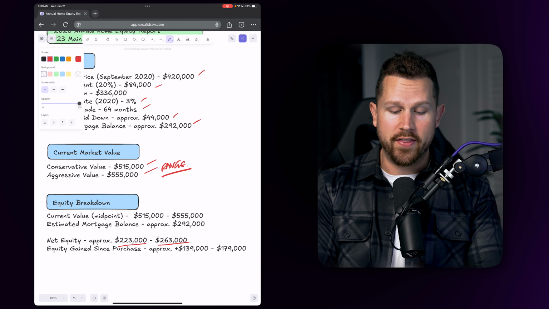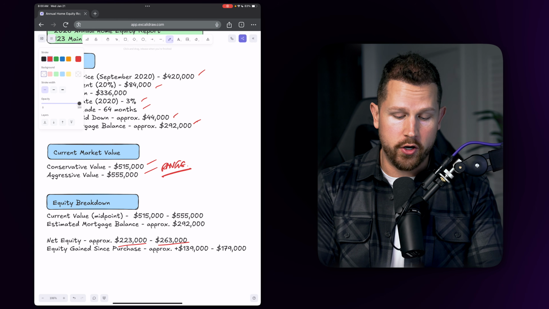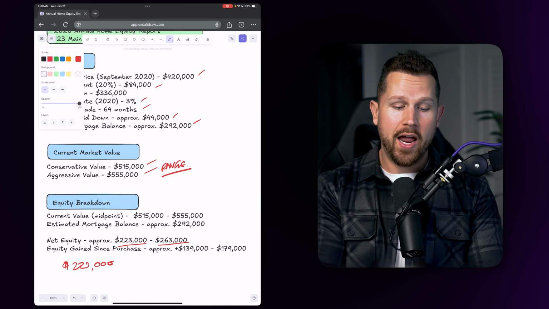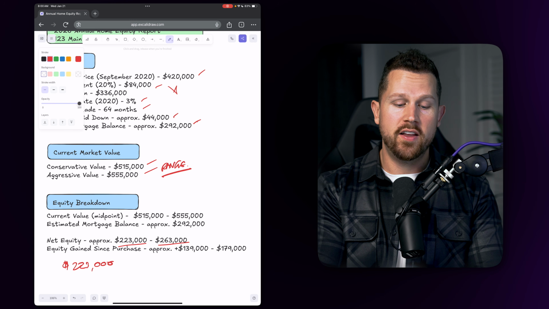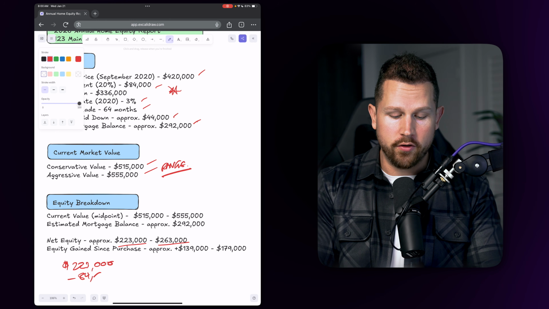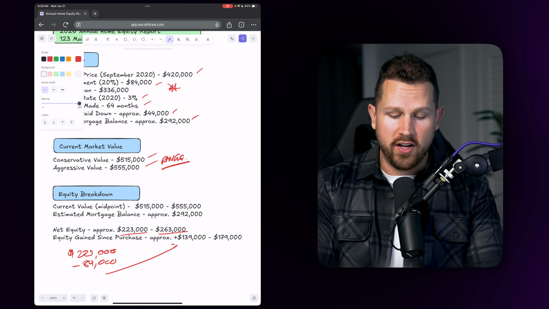Now, how do we arrive at the equity gained since the purchase? All that you're going to do is look at $223,000, which is the current net equity, and we're going to subtract this $84,000 here, which is going to be that $139,000 that you would see here.